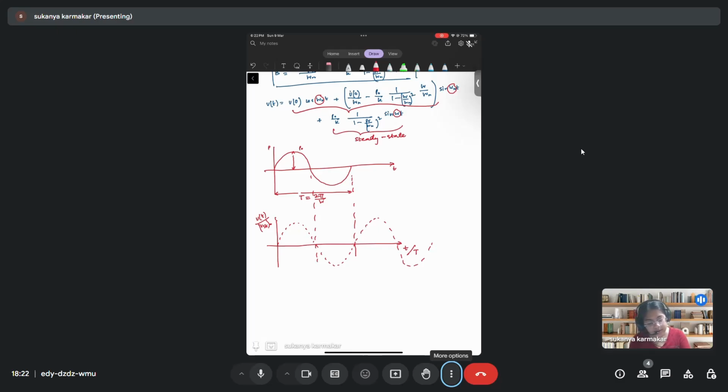And because of this transient response, your total response will be something like this. Because of this transient response, it will have a harmonic quantity added with it, which has a frequency of omega n, and this will be the total response. Had it been a damped case, the effect of this omega n would die out, as we'll see, and slowly your solution would approach the steady state one.